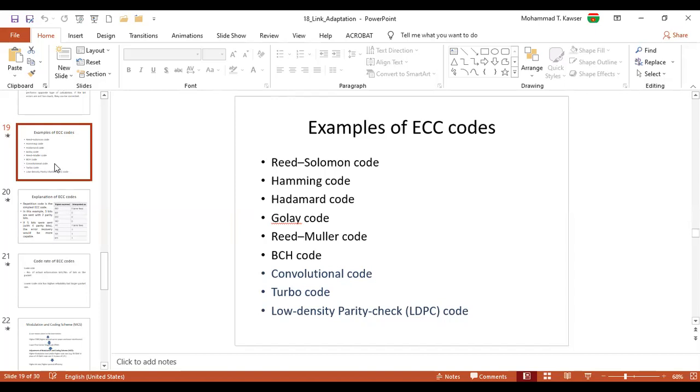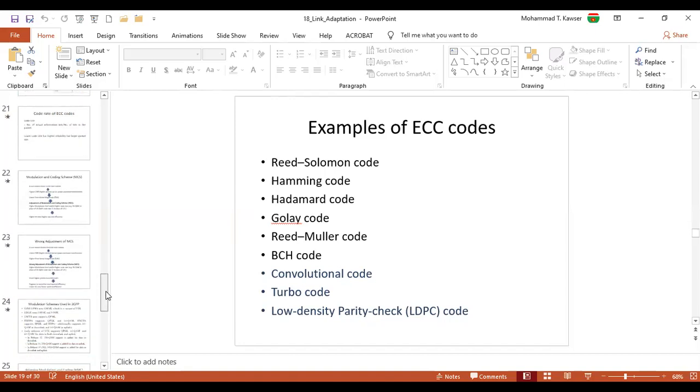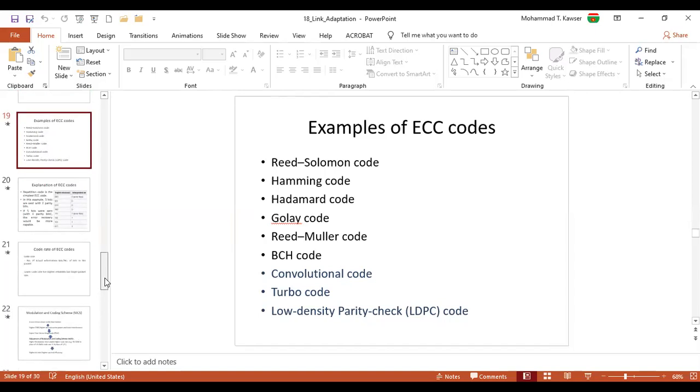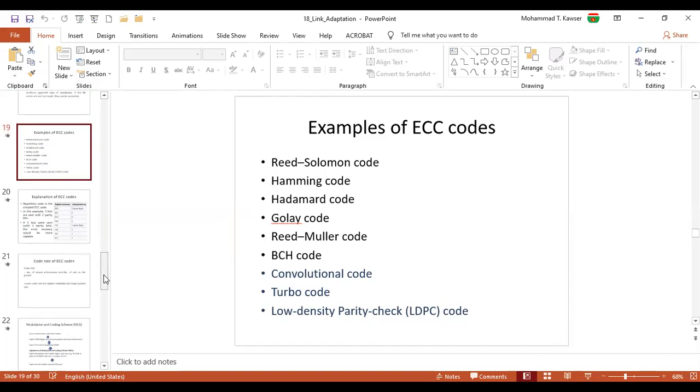So turbo code and LDPC are competing with each other, and different types of environment show their capabilities differently. So it also depends on other factors, which may be the right choice of code for your application.